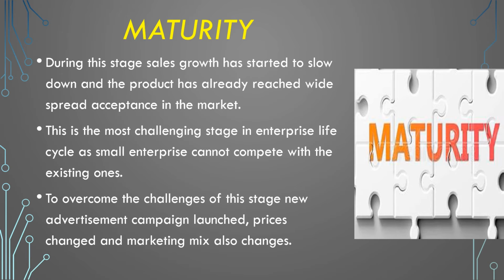Different enterprises adopt different marketing strategies to overcome the challenges posed by the maturity stage. Some enterprises adopt methods such as trading in to survive for some more time in the market. Enterprises can try to redesign their marketing mix. They can improve sales by changing some elements of the marketing mix. They can also slash the price of their products to attract new customers and competitors' customers.